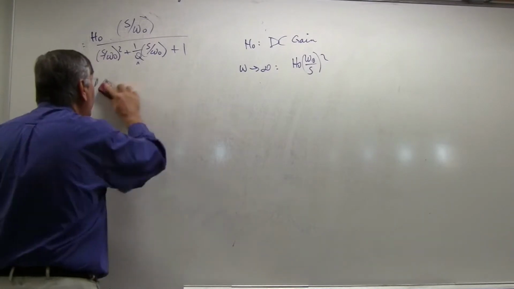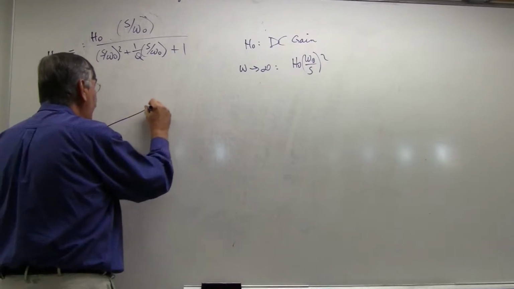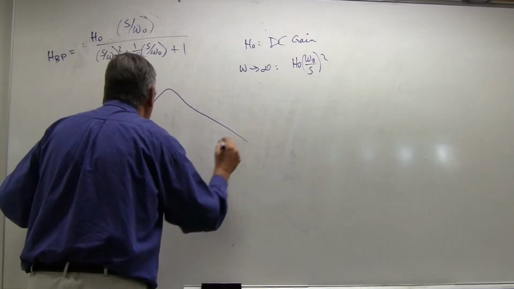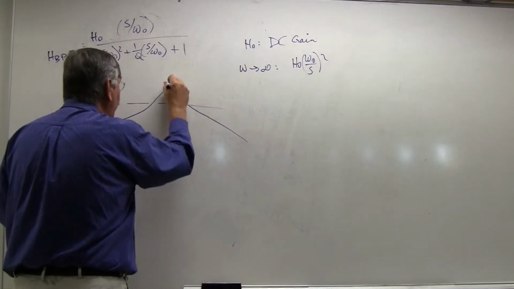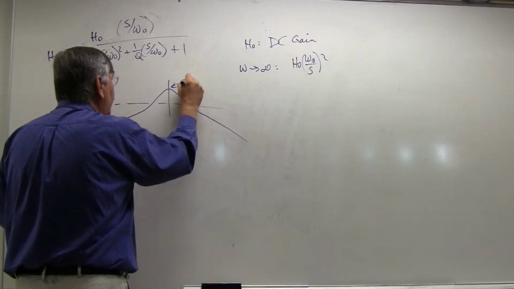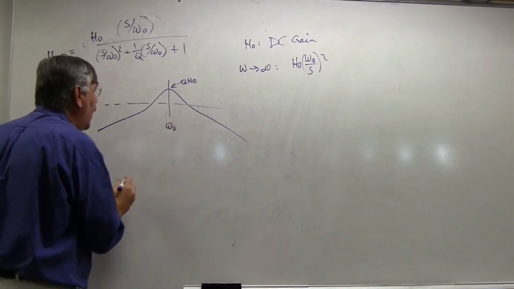about filters, and I'm not going to derive this, but if we look at a bandpass filter that has a shape that looks like this, and we come through here and say, okay, this was Q H0, but whatever it was, this is the gain at omega naught.